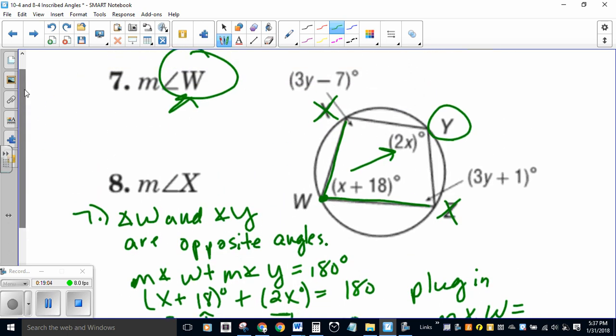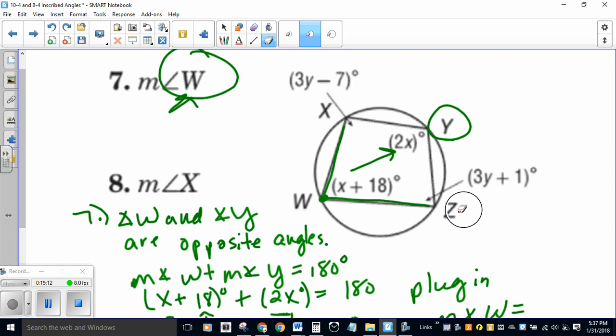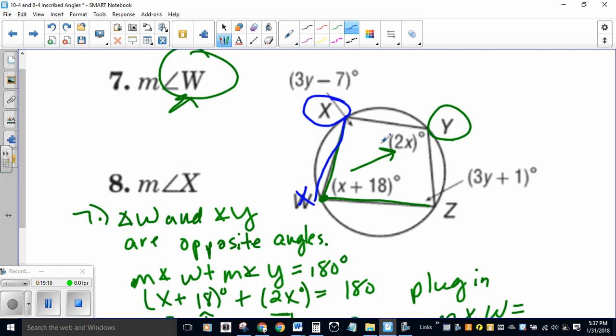Okay, now number 8, we change angles. We are now at angle X. Okay, so we're here. If it's connected by a side, we eliminate it.